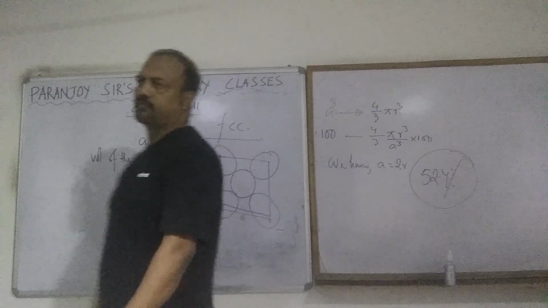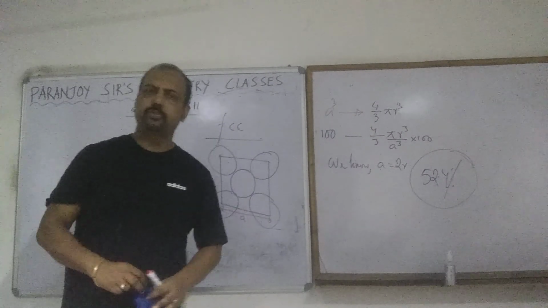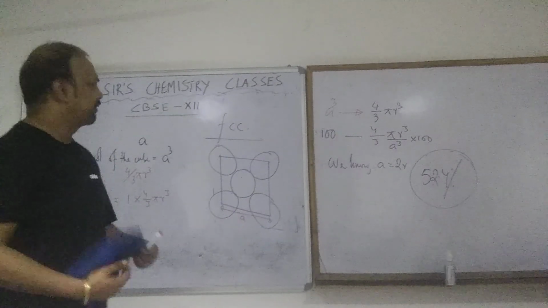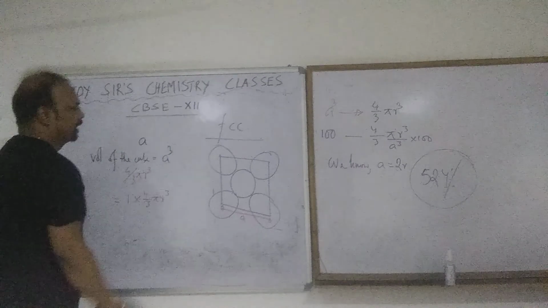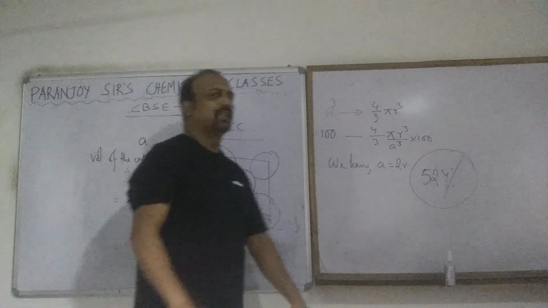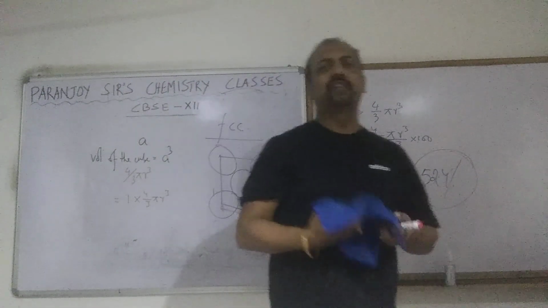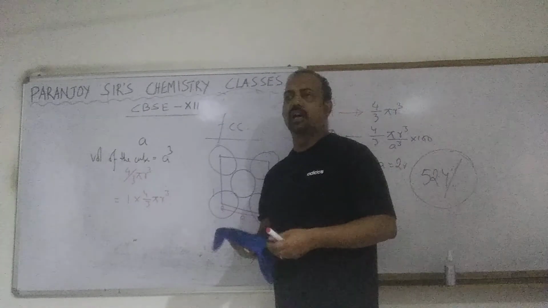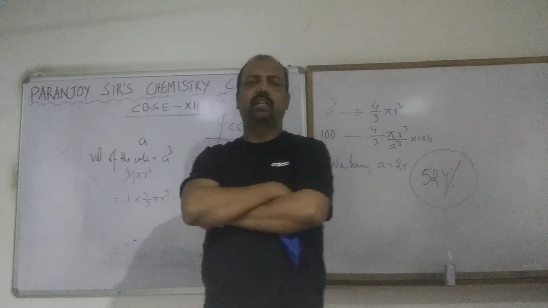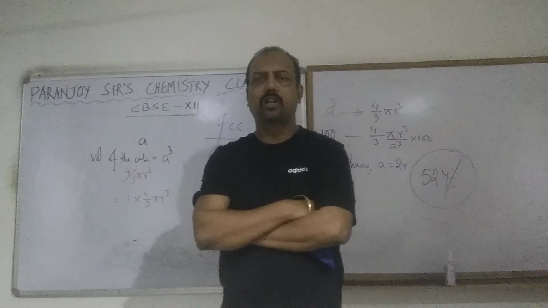What is the volume of the cube? Volume of the cube is a³. Next line: let the radius of the lattice point be r.